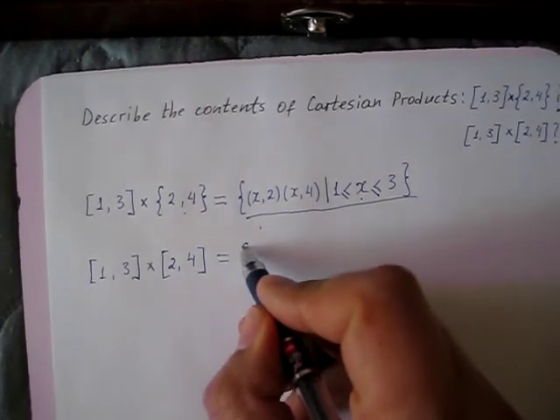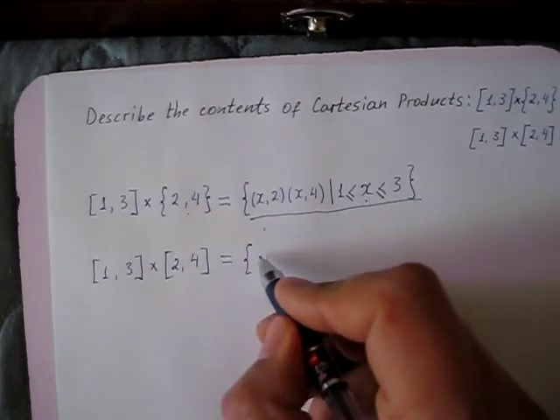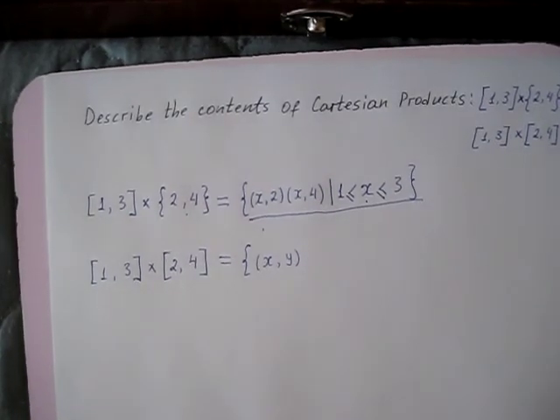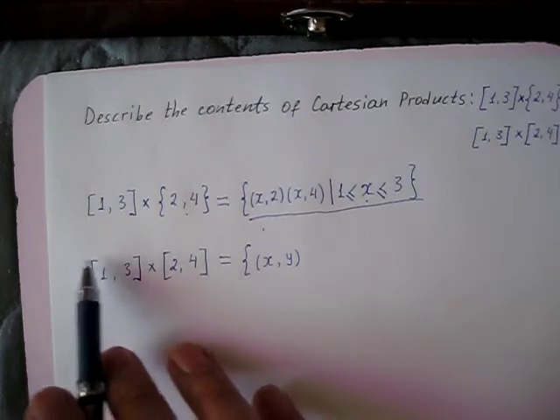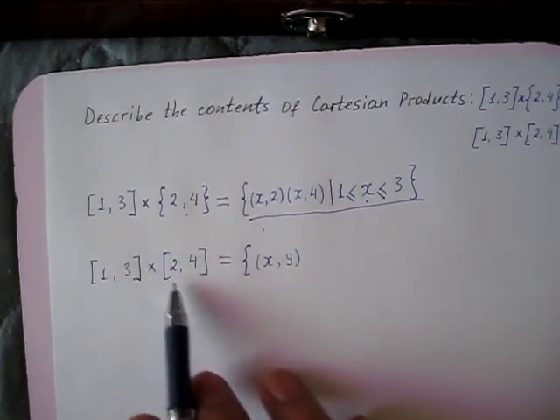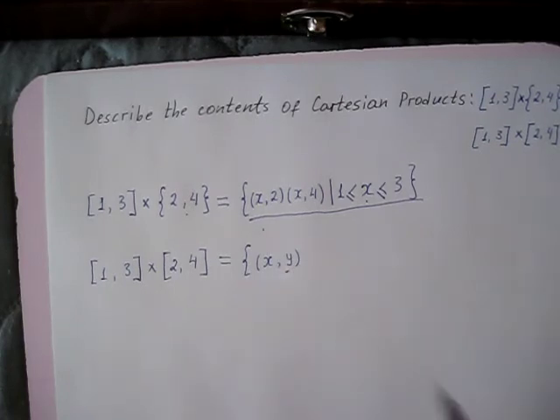So we can say our result will be (x, y), right? The numbers in the first interval will be x components, and the numbers in the second interval will be y components.